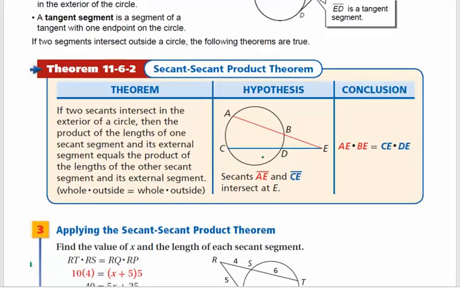All right, if you have two secants intersecting outside the circle, in the exterior of a circle, be very careful with this theorem because it can be easy to do the wrong part.